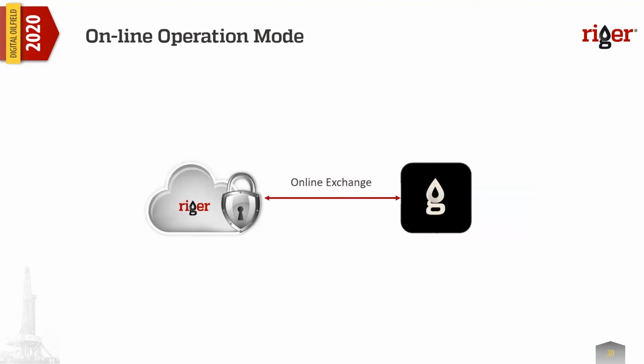In the case of the online application, we have just recently released this online application with a black icon. In this case, the information is exchanged in online mode. It's a constant connection to the internet over Wi-Fi or LTE, and information is exchanged in seconds.